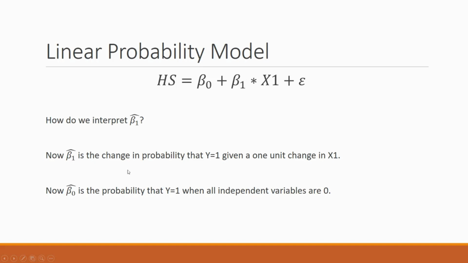If we want to know the probability that someone will have a high school degree when their GPA is 0, that will be beta 0 hat. Beta 0 hat will be an estimate of the probability that they have a high school degree when the independent variables are equal to 0.